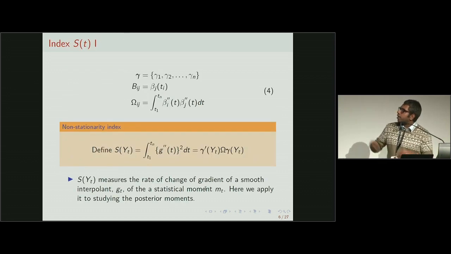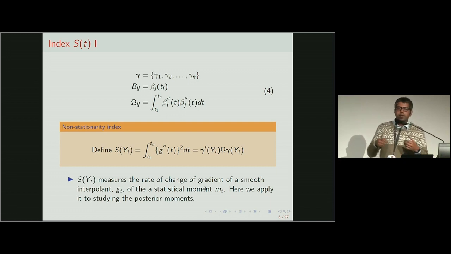And why do I call that? SYT is the integration of the double derivative of that function. So we know a double derivative is the curvature of a smooth function. So this can be considered a cumulative curvature of that trajectory, whatever trajectory you are measuring with respect to time in that finite interval. Okay?